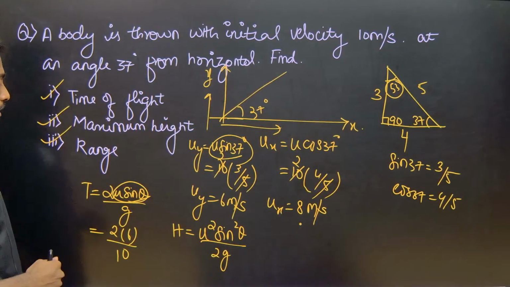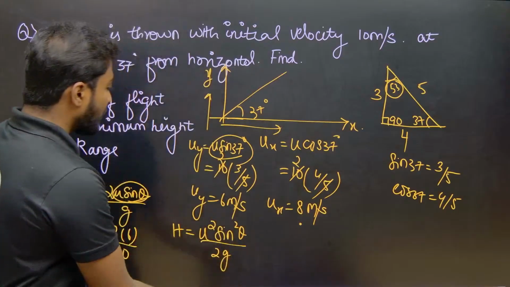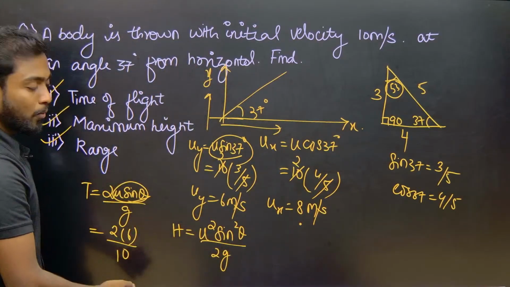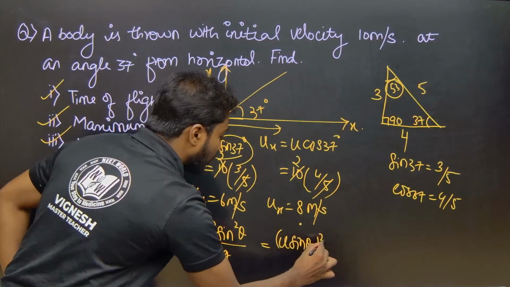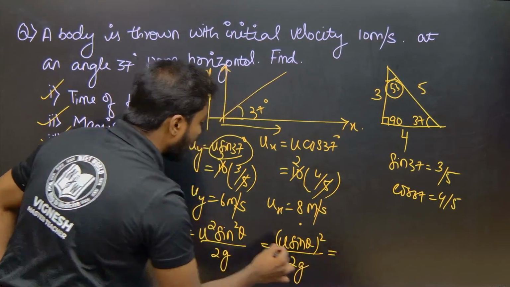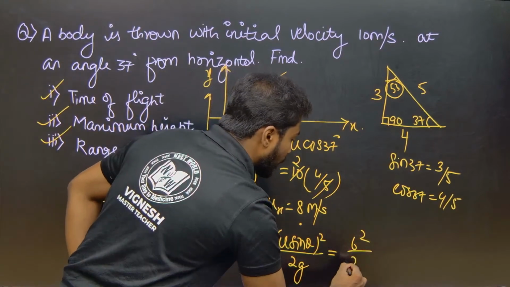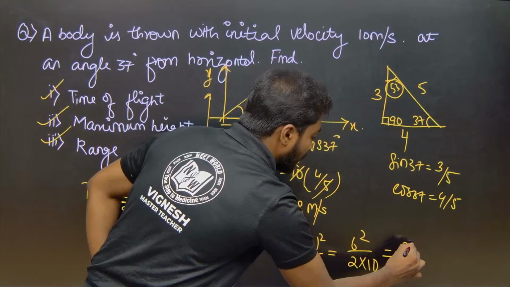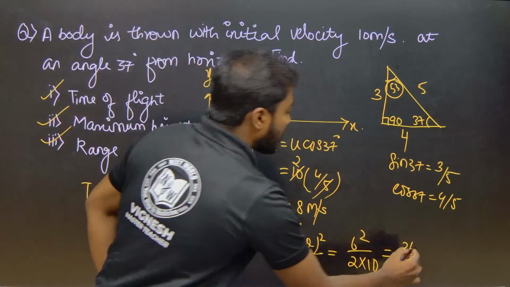When I am talking about the maximum height, it is in the y direction, so I can say u sin theta the whole square by 2g, where u sin theta is 6. So 6 square by 2 into 10, so 36 by 20. Final calculation, you do it.